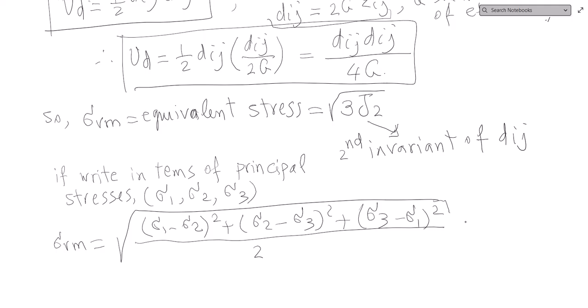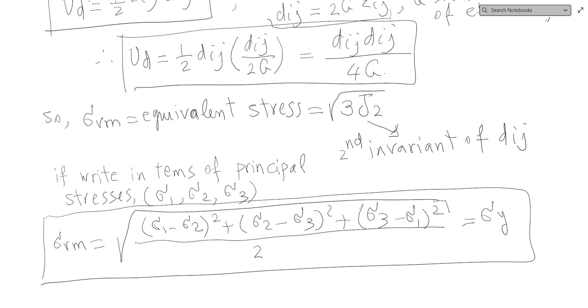This should be sigma y. So this is the von Mises equation.